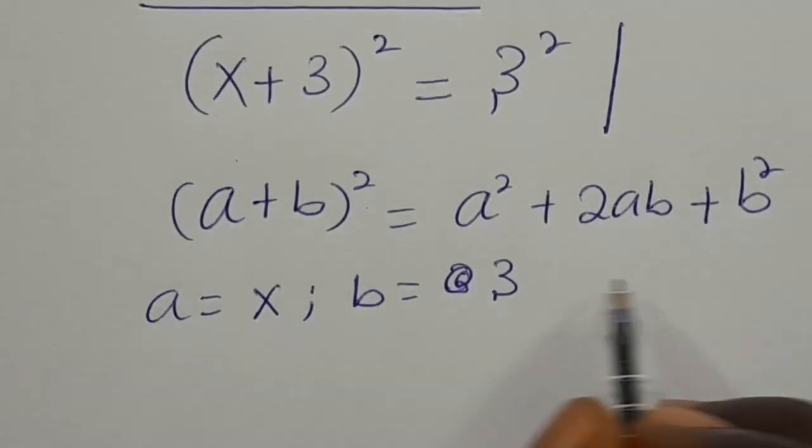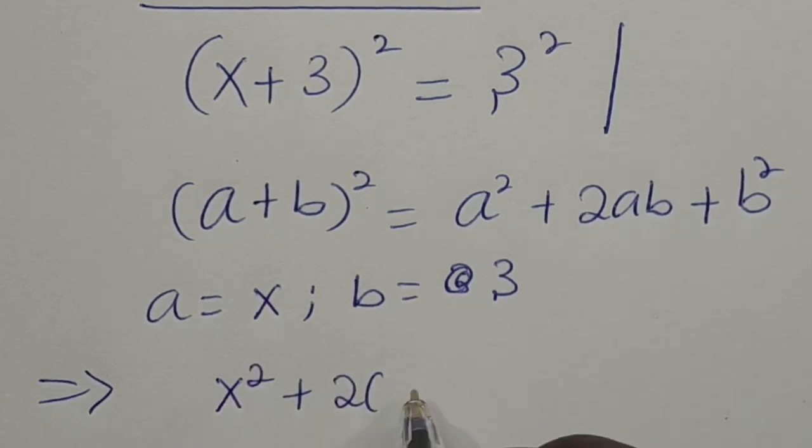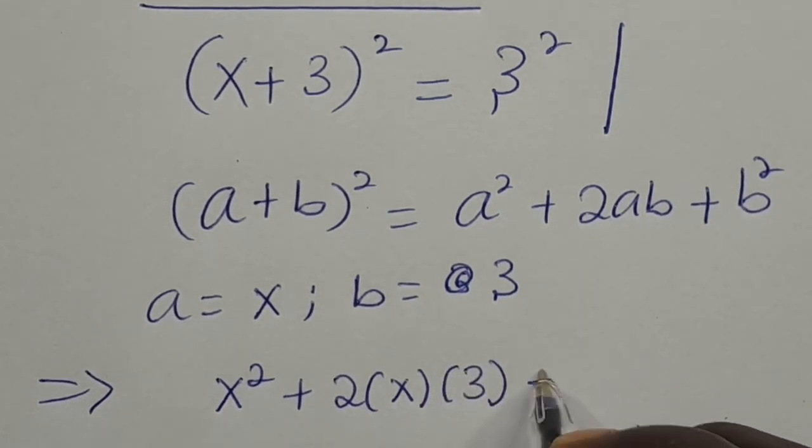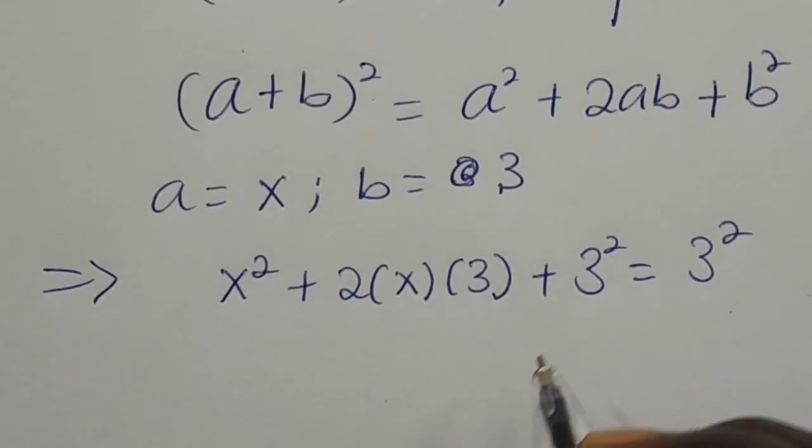So when you substitute everything, we are going to have x squared plus 2 times x times 3 plus 3 squared, everything equals 3 to the power of 2.